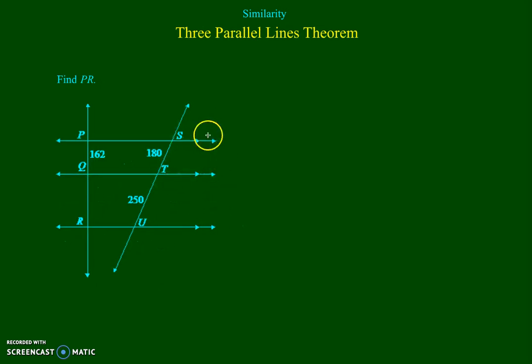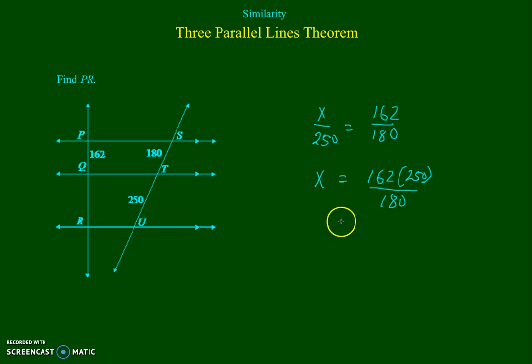Here we have three parallel lines cutting two transversals, and we're looking for this entire segment from P to R. So the first thing we need to do is find QR. So X is to 250 as 162 is to 180. Could create any number of proportions, but that's the easiest for me. X equals 162 times 250 over 180.